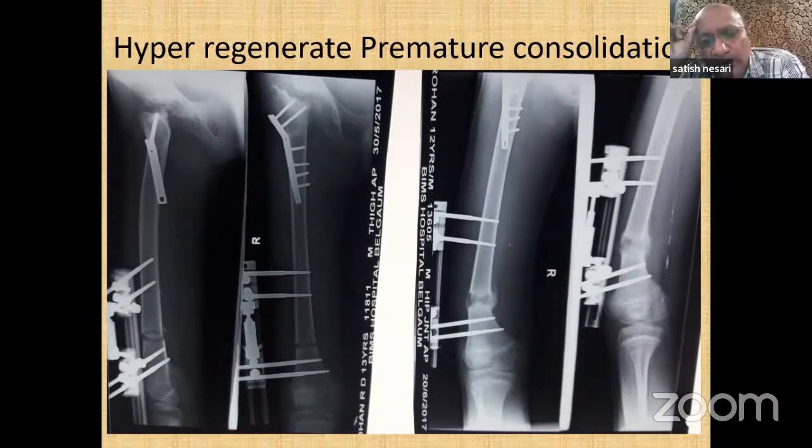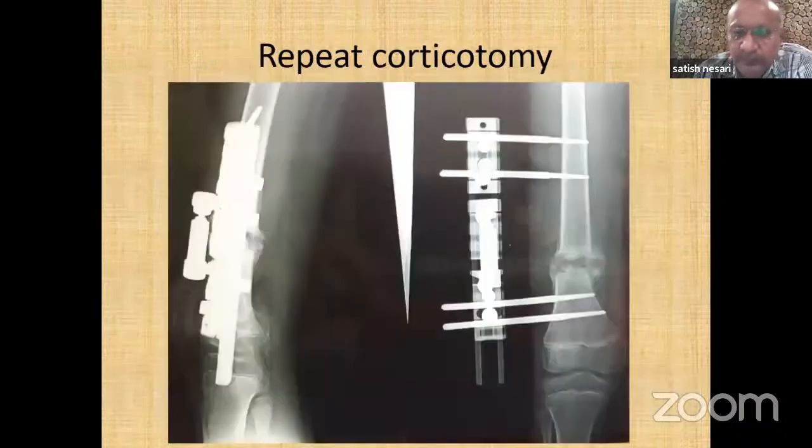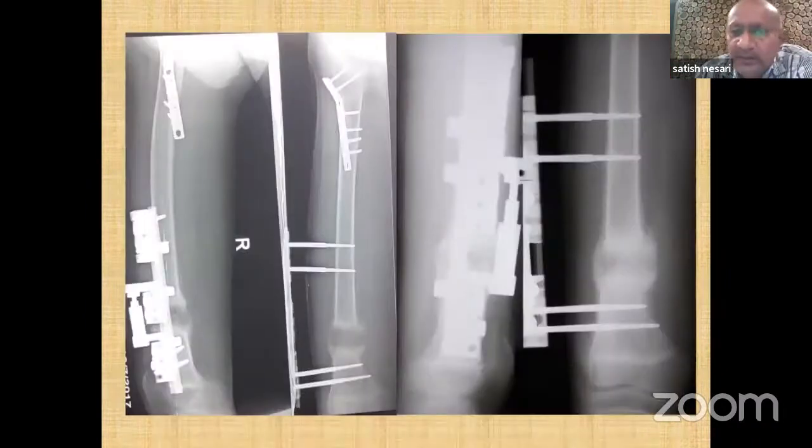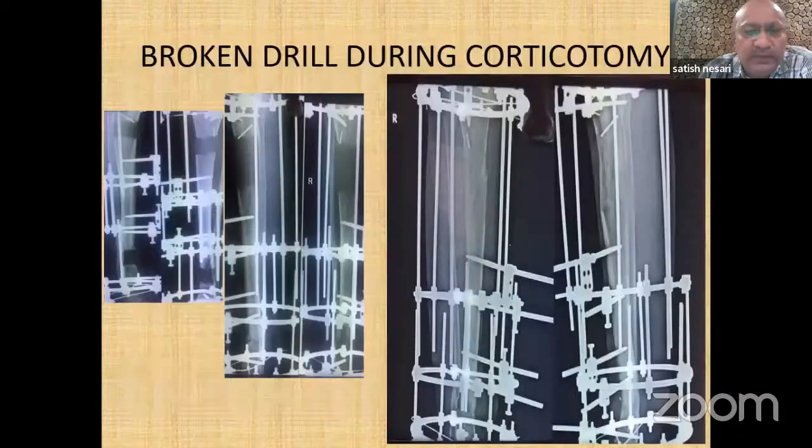I did it with an LRS, but there was a premature consolidation, and I had to do a repeat corticotomy through the substance of the regenerate. And then this is the picture. I could get a varicization as well as a little lengthening of the femur.